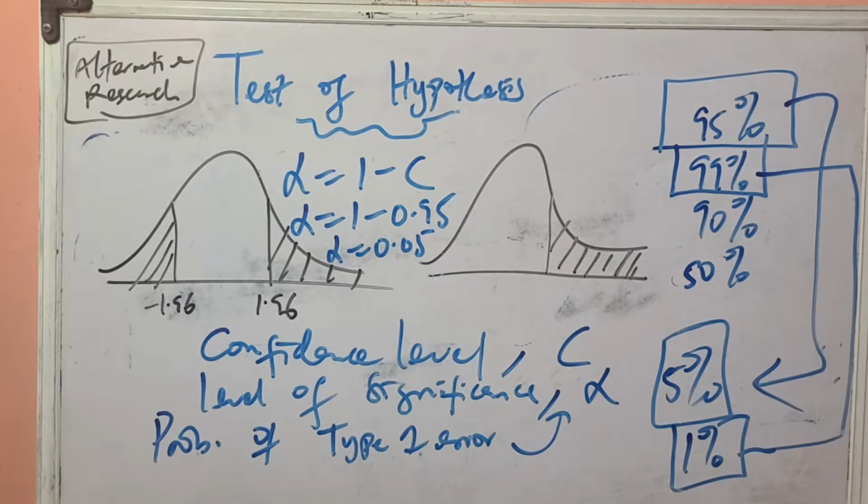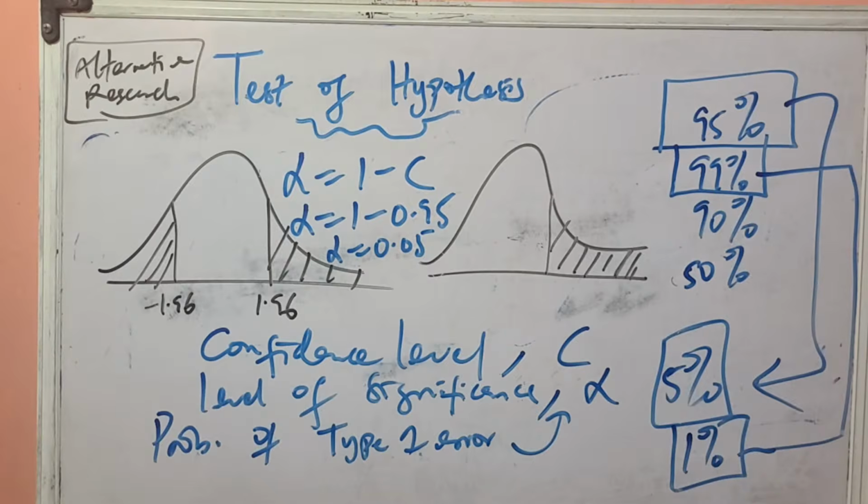It also means that there is a 5% chance that the results were found by chance alone and no true relationship exists between groups. So if we said we're running this on 95% confidence, that means there's a 5% chance that the results were found by chance alone and there was no true relationship between the groups that you compared.